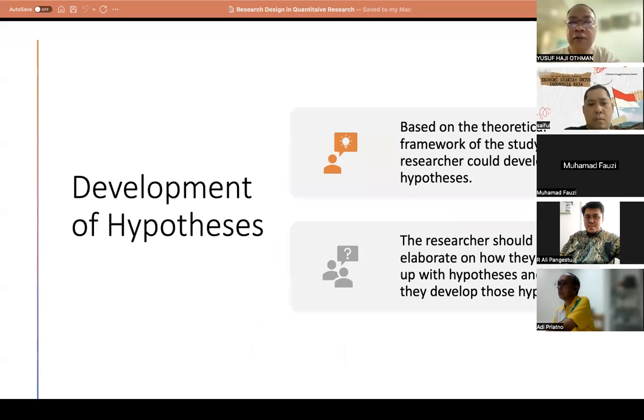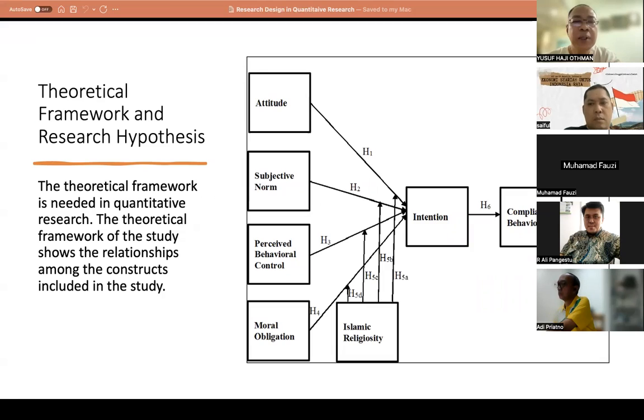Based on the framework, a researcher could develop the hypothesis. For example, here H1 is hypothesis 1.